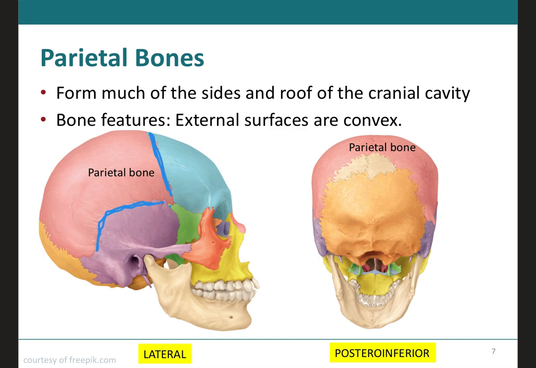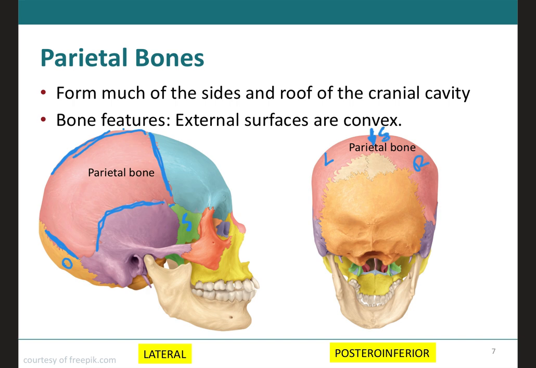It does articulate a little bit with the sphenoid bone over here, which is this bone in green, and then it will articulate posteriorly with the occipital bone, and right here on the sagittal suture, which is the suture right on top of the skull, it will articulate with the other parietal bone, as we can see on this inferior view over here. So it will articulate the right parietal bone with the left parietal bone on the sagittal suture.